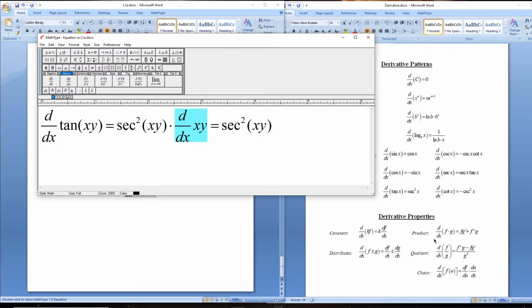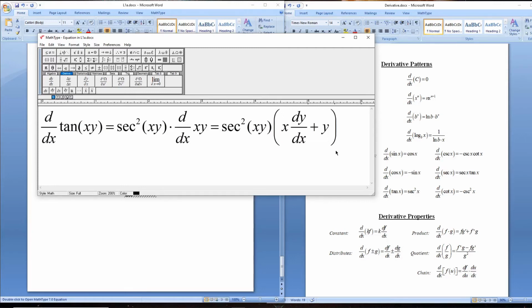And just xy's, I'm just going to look at the product rule right here. If you can imagine in your brain, x is f and y is g, then we can read off what the product rule is going to be here. So the product rule says f times g prime, remember g is y, so times the derivative of y, plus f prime, so that's the derivative of x, which is 1, plus g, which is y.